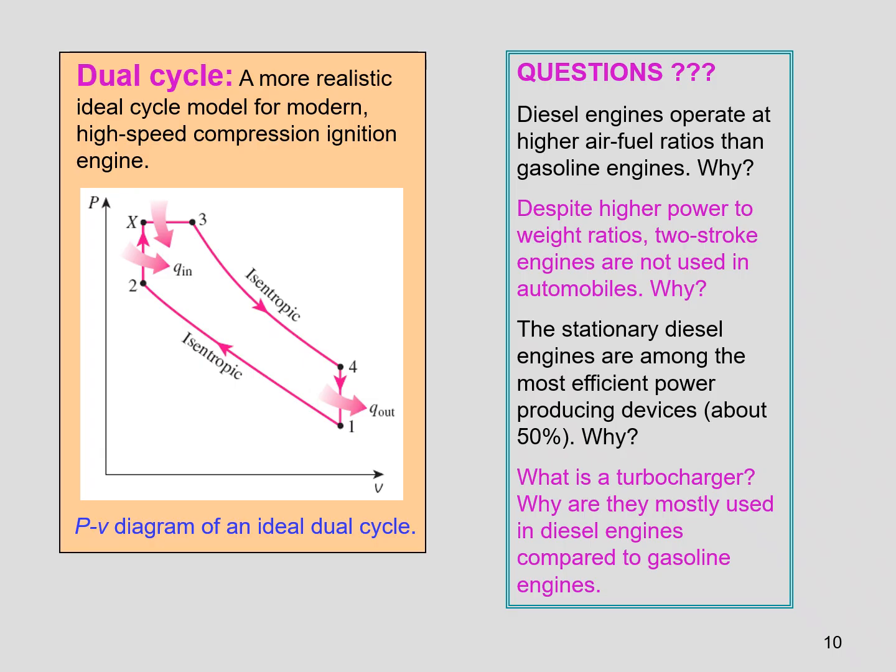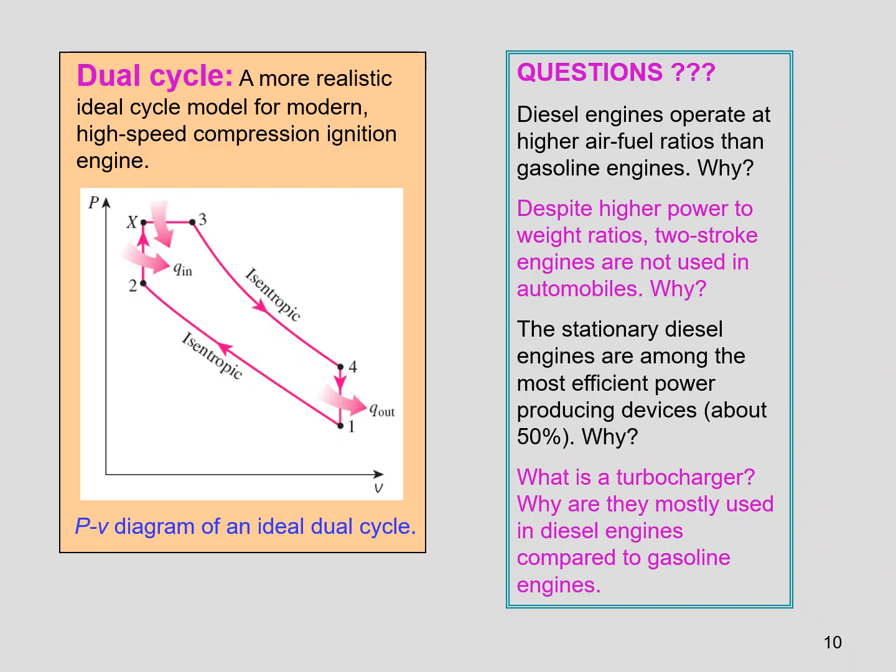And the next one is the dual cycle, a more realistic ideal cycle model for modern high-speed compression ignition engines. Comparing with the Otto and diesel cycles, here we have 1 to 2 isentropic. This is the PV diagram, and 2 to X and X to 3.